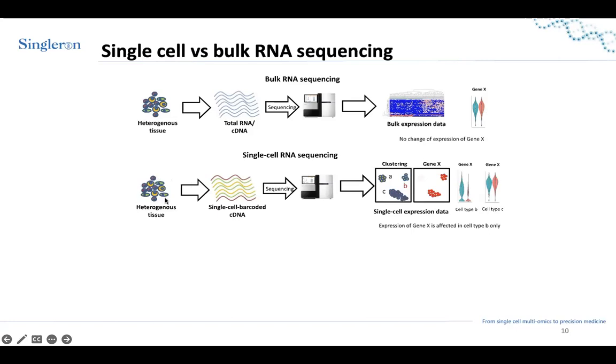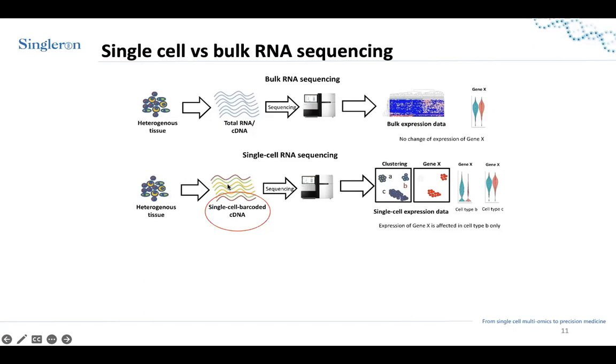But when you do this with single cell sequencing technologies, again, you start with the same material, you extract the RNA, but here, the crucial step is that you are barcoding them. That means that when we extract the RNA of the cells, we barcode them so that we know from which cell they come from. And that's why you see the different colors that are associated with the initial color of the cell.